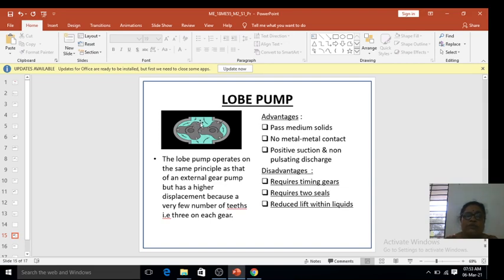It has more advantages than both the internal and external gear pumps. It passes medium fluids, no metal contact will be there because of the fewer teeth, positive suction and non-pulsating discharge. When it comes to disadvantages, it requires timing gears, and also seals. There are two types of seals needed. It reduces the lift within the liquids.